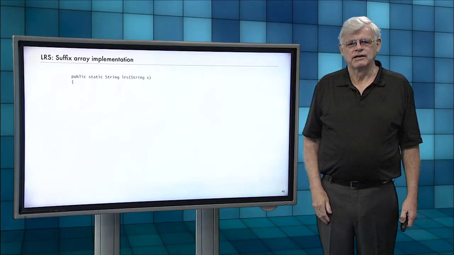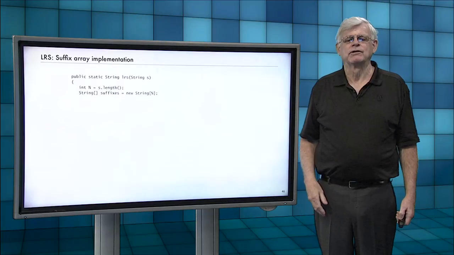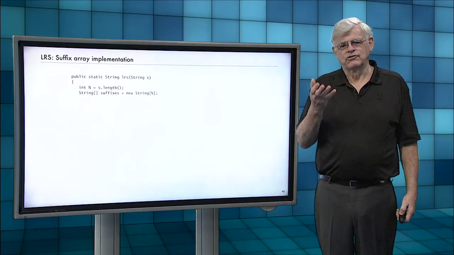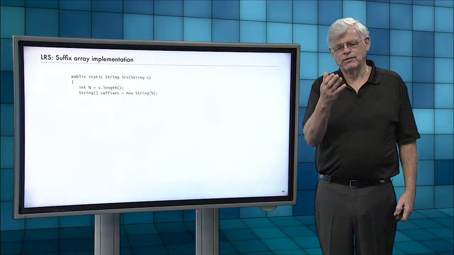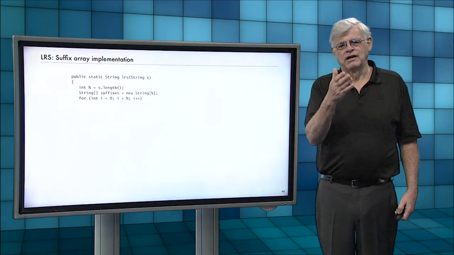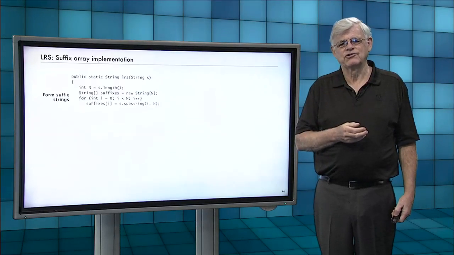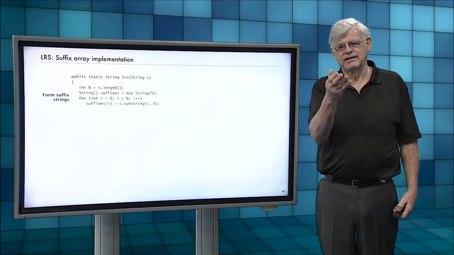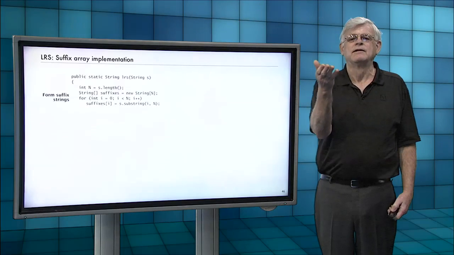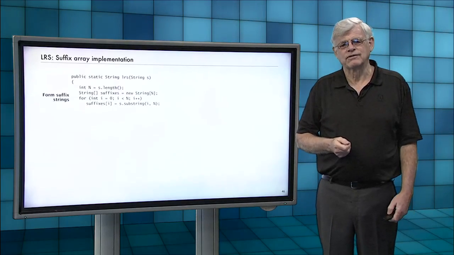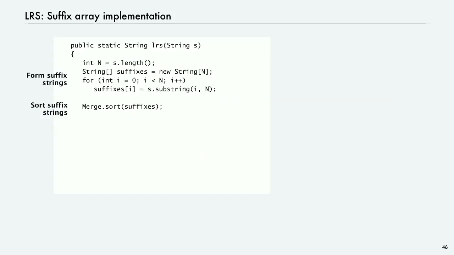Let's look at the implementation in Java. We create an array of strings called suffixes. Then for every position i in our string, we take the substring from i to n and put that in as suffixes of i. Then we use merge sort to sort it.